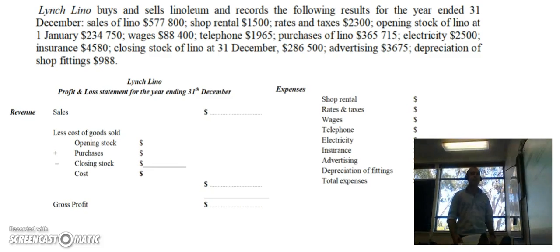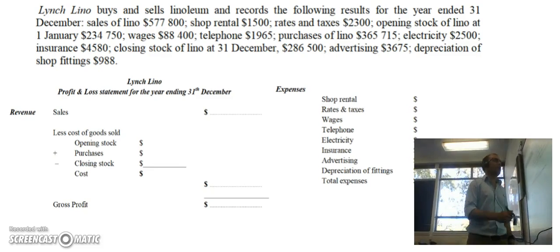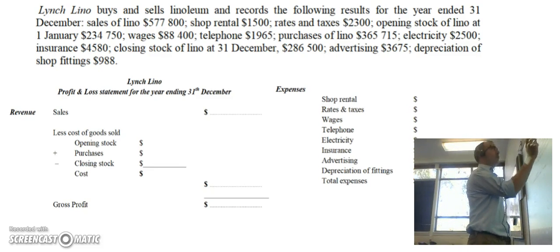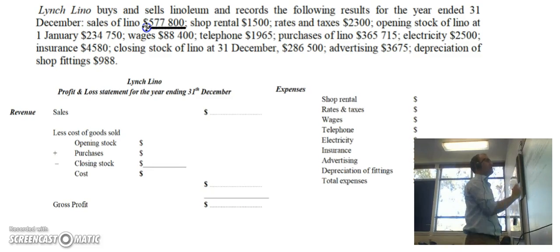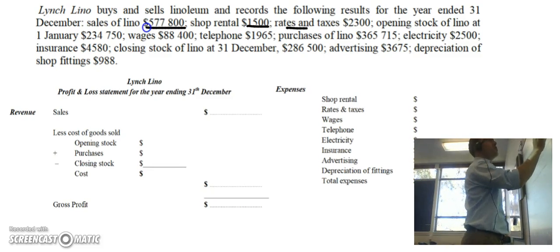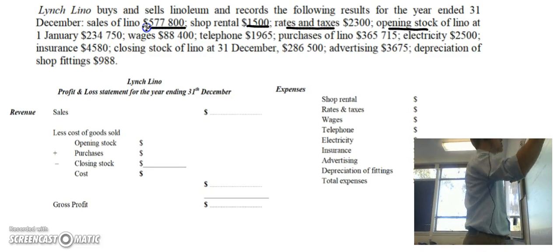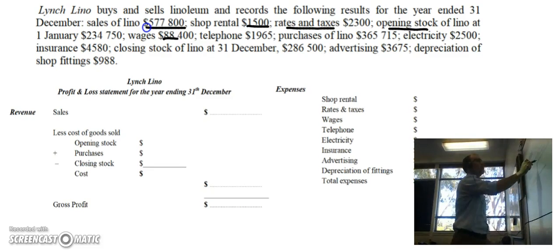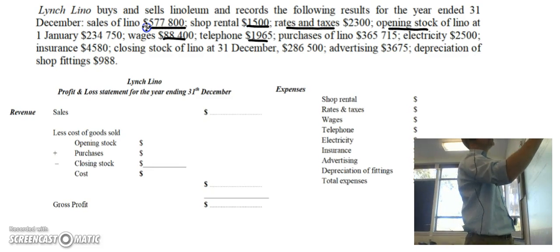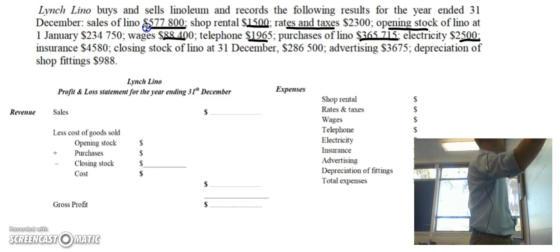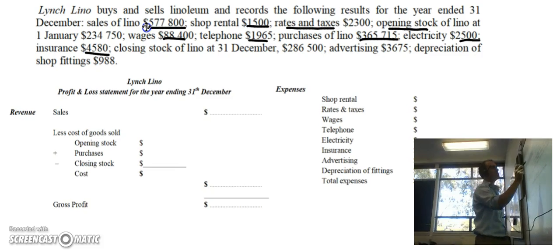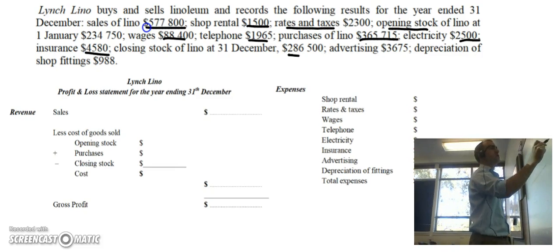You'll be given a scaffold like this when you do your questions. So Lynch Lino buys and sells, or Linonium, sorry. So sales of Lino, $577,000, shop rental, rates and taxes, opening stock at the beginning, their wages, telephone charges, to buy more stock, electricity charges, insurance costs, and then closing stock of this much money.